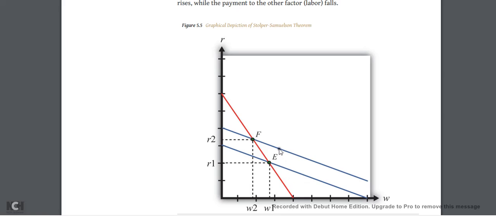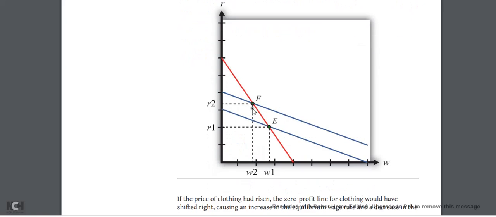Now since the production of steel has increased, you know that for producing steel, capital is used, so more capital is being used in producing steel. Obviously, there is less involvement of labor in this industry. Just observe at the new equilibrium, the wage rate has reduced from W1 to W2.